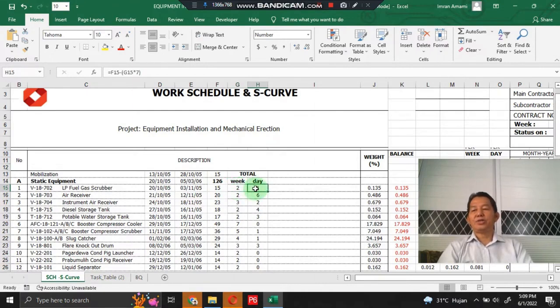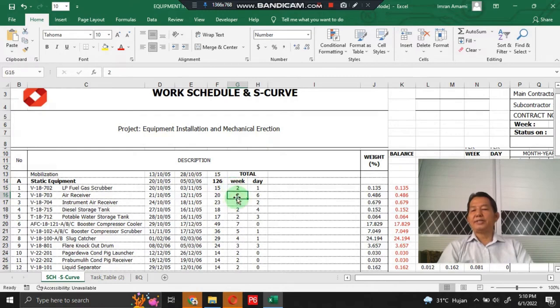For example, the LP fuel gas scrubber work item is 15 days. So I interpret it as 2 weeks, assuming 2 multiplied by 7 days, plus the remaining 1 day. So the total is 15 days.